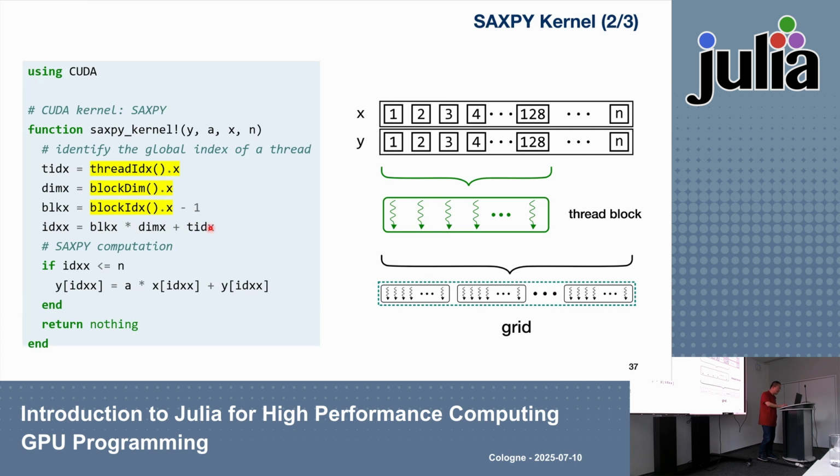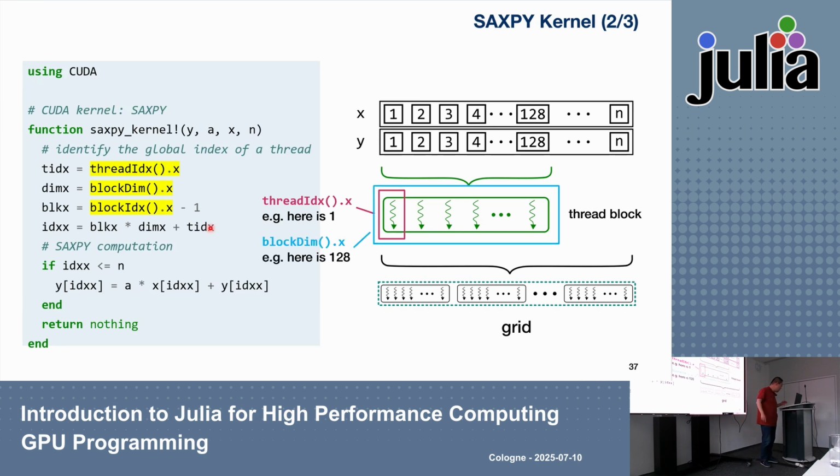For example, here, the index of this thread is 1 for this small block. And the block dimension for this is 128. And then this thread block belongs to the first block of this thread grid.